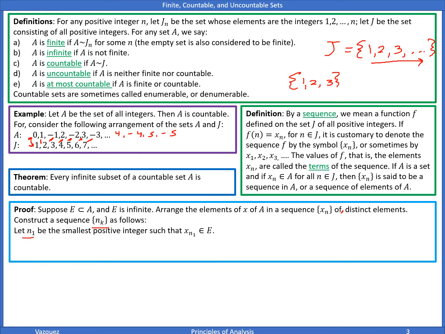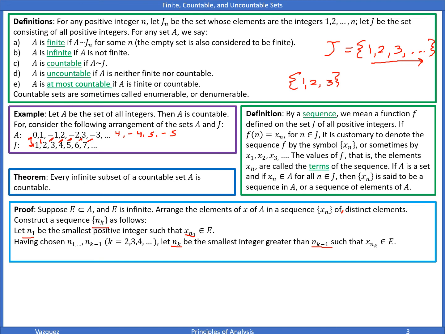Let n sub 1 be the smallest positive integer such that x sub n sub 1 is in E. Having chosen n sub 1 all the way to n sub k minus 1, where k is 2, 3, 4, and so on, we let n sub k be the smallest integer greater than n sub k minus 1 such that x sub n sub k is in E.